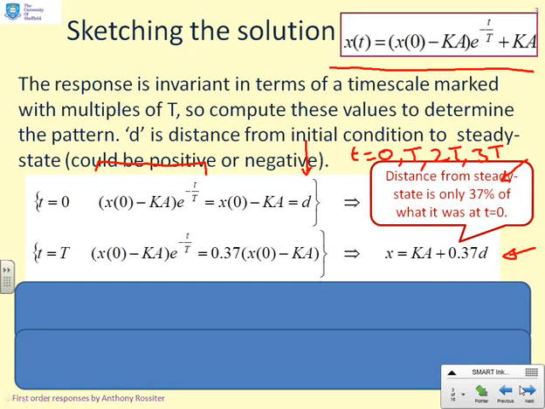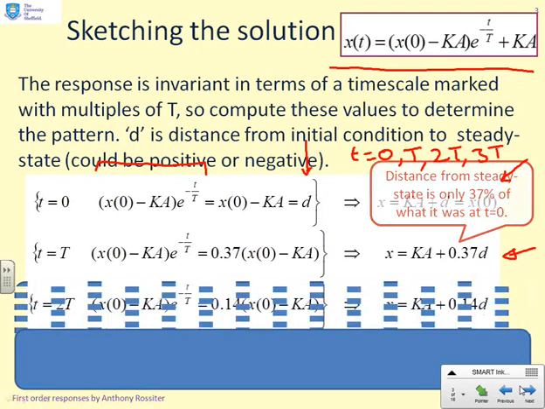So again, I can write x as the steady state plus a deviation from the steady state, and that deviation is 37% of d, i.e. 37% of how far it was at the initial condition. That's really valuable, because I can picture it in my head. If it started so far away, after capital T seconds, it is now 37% of that distance.